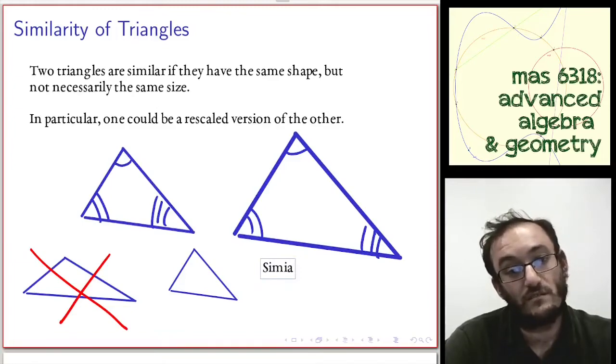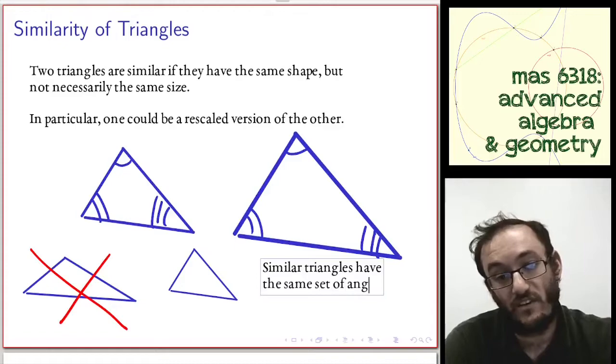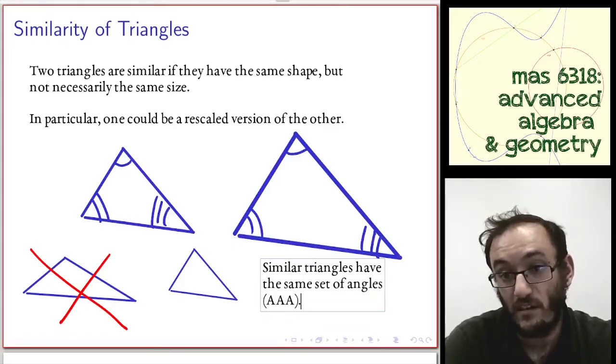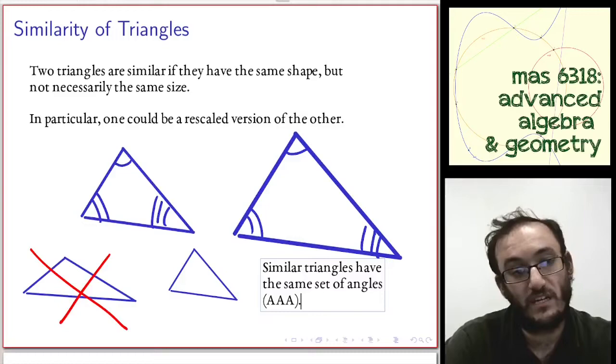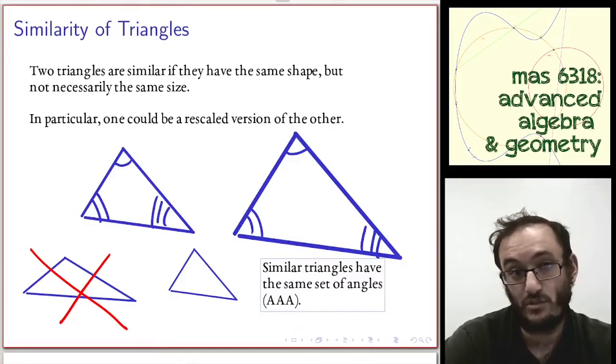Similar triangles have the same set of angles, and this could be called the AAA rule, the angle, angle, angle rule for similarity of triangles. But having the same angles, as is demonstrated in these pictures, does not mean you have congruent triangles, just similar triangles.